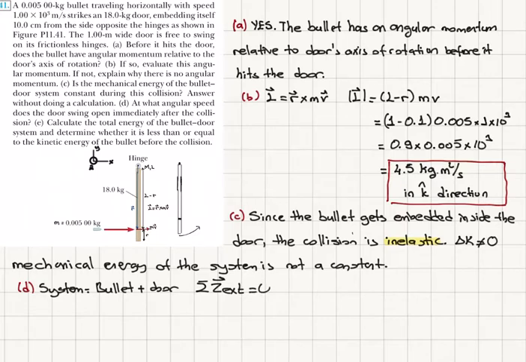The net external torque acting on the system for rotations about an axis going through the hinge will be 0. Therefore, the total angular momentum must be conserved. All right. So let me think about what will be the final angular momentum of this system.